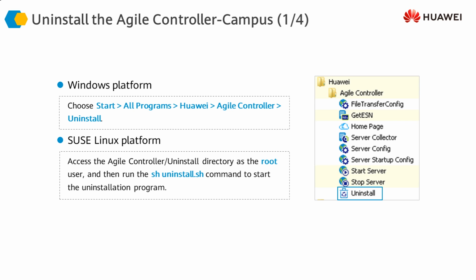In a Linux environment, we can use the uninstall script which is provided with the deployment. We just have to use root access to run the command sh uninstall.sh, and this is going to start the script for removing the Agile controller installation from our Linux environment.